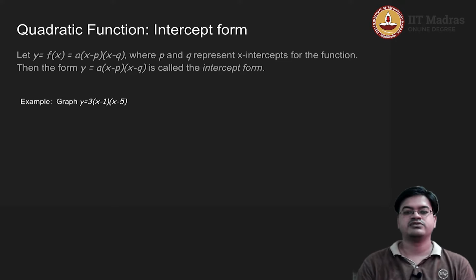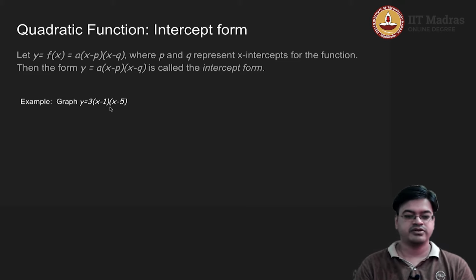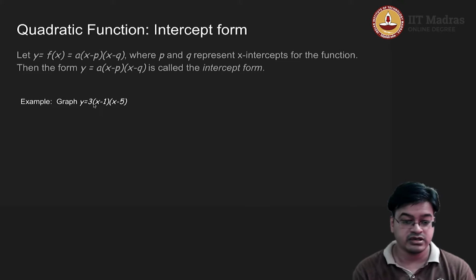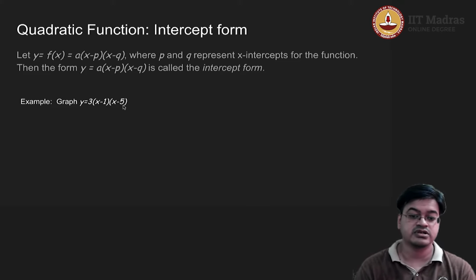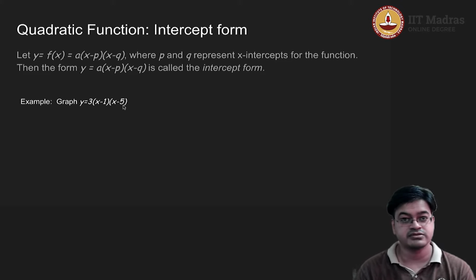Now x is equal to 3 will be the axis of symmetry for this particular function, if these are the x-intercepts of the function.